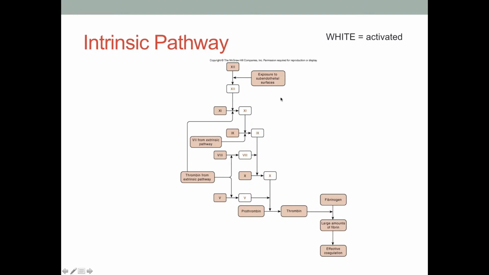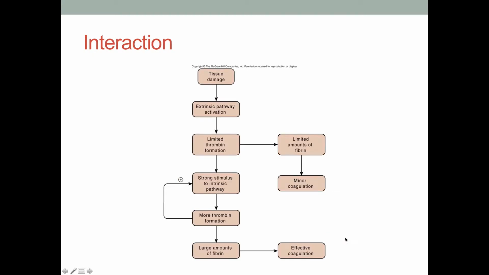That would be a case where the inside of the vessel is just nicked by a component of the bloodstream flowing through the vessel that scrapes it, and then we activate this intrinsic pathway. This is not an advantageous way to do that. That leads to intravascular clots, which can lead to infarct, ischemia, strokes, heart attacks. We don't like that one. These other ones, these are good. They stop you from bleeding to death.